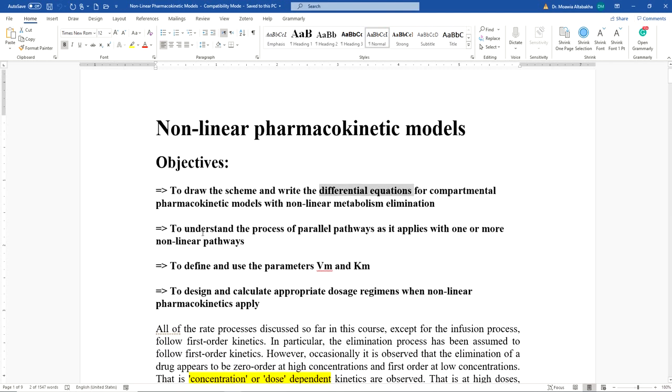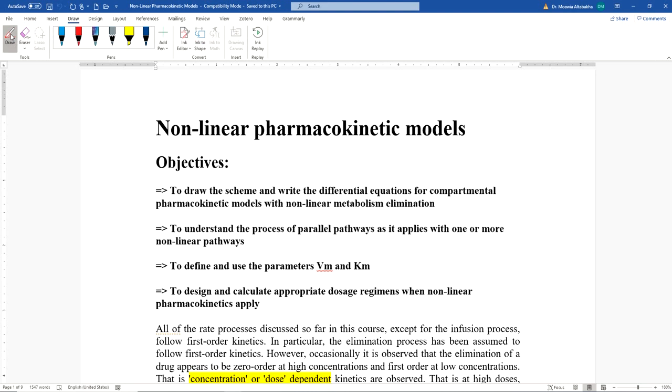Also, we will need to understand what happens if we have parallel pathways. Parallel pathways, meaning here that a drug gets metabolized by a non-linear pathway and another pathway that is linear. So what will happen? Okay, so we have a drug, and this drug gets eliminated by two ways.